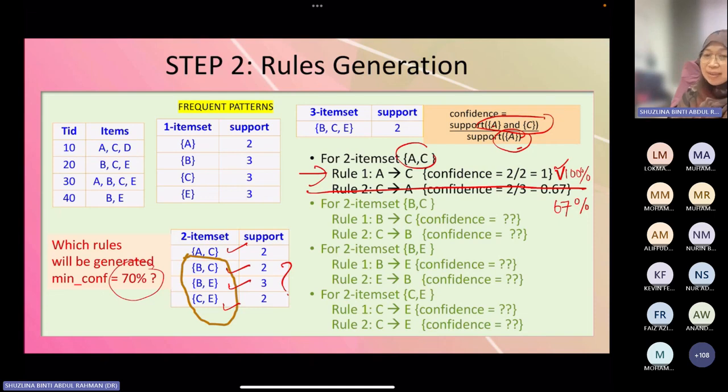With that, we are able to generate the interesting rules. I cannot say significant, because I want to reserve the word significance for the other measures, right? So the confidence is basically to find the interesting measures of the relationships between the items. So this is for the 2-item set.